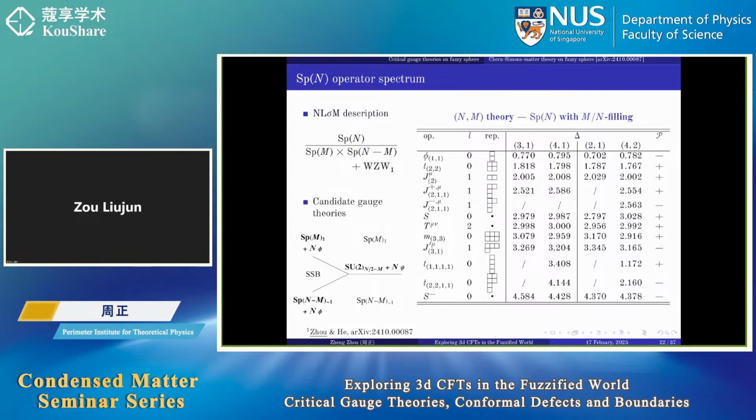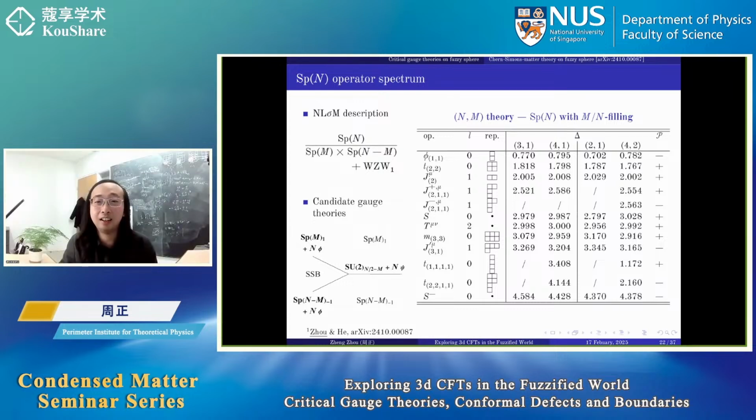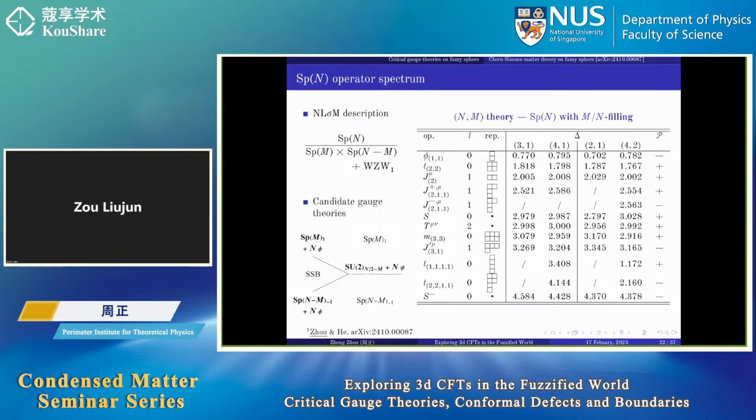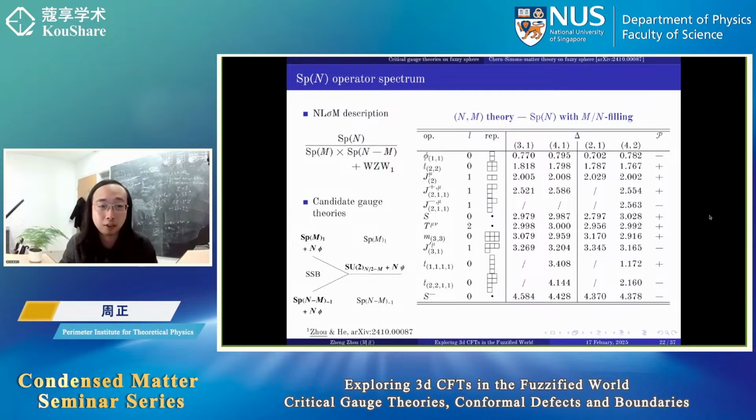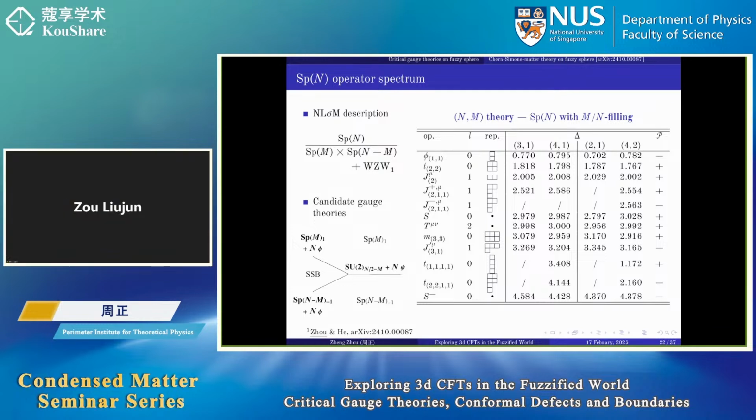If you think large n for n equals 4 is convincing enough, that may be a good way to proceed. But still, I think the large n calculation here is a bit difficult.